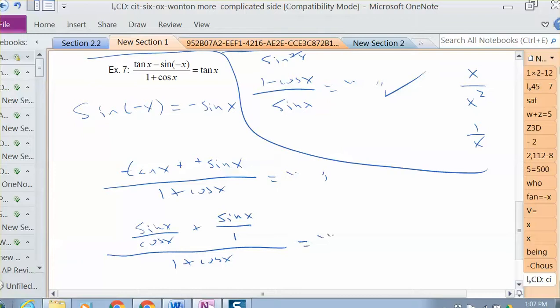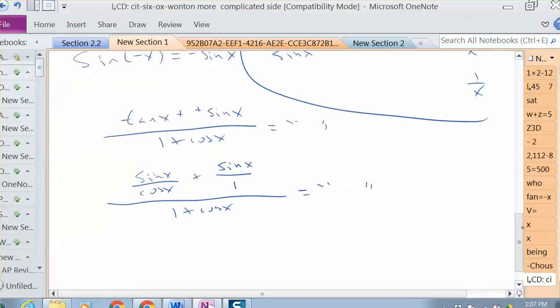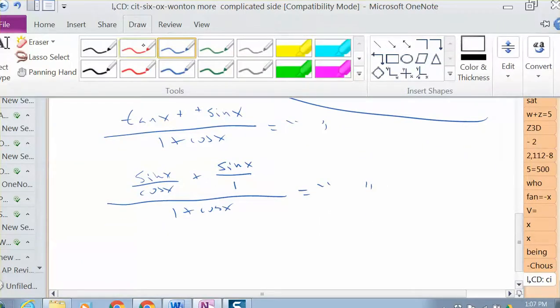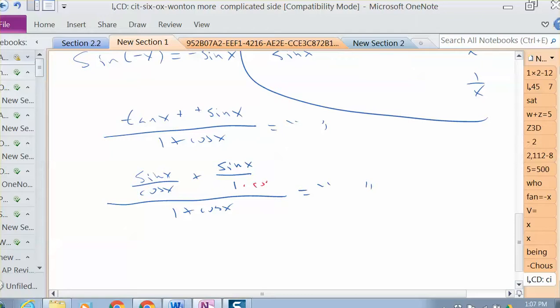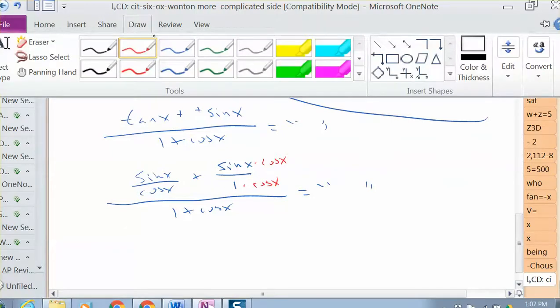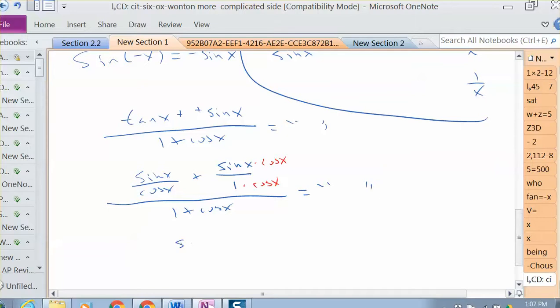So we talked about this before. Anything that's not sine or cosine, convert it. And of course, I see an opportunity to combine these fractions now. Multiply top and bottom by cos x. So you have sine x plus sine x times cosine x all over cosine x.